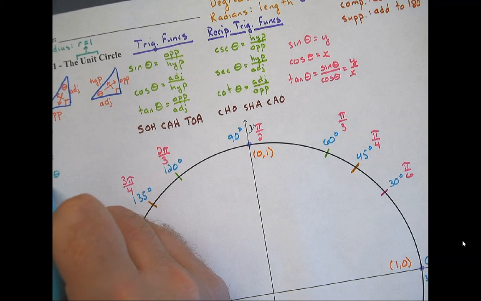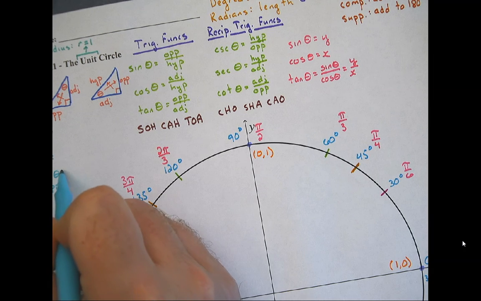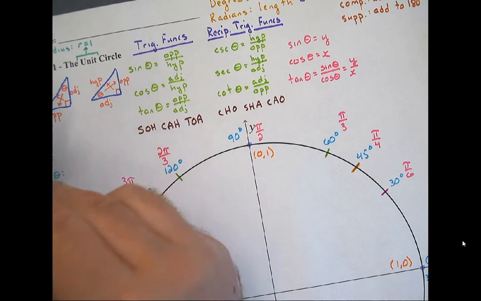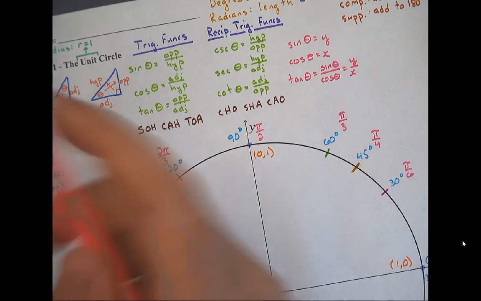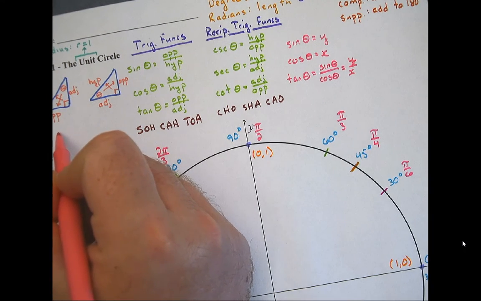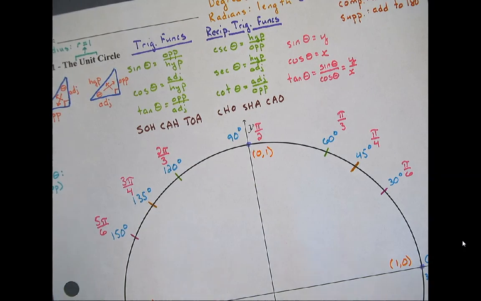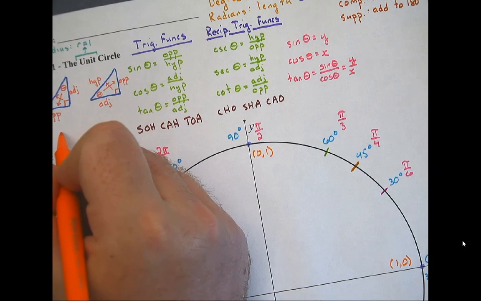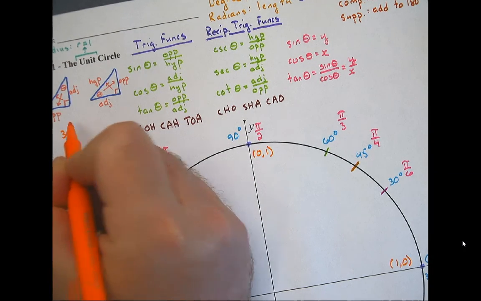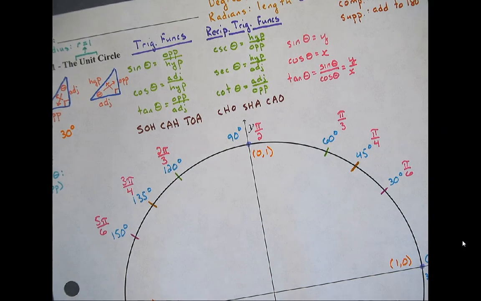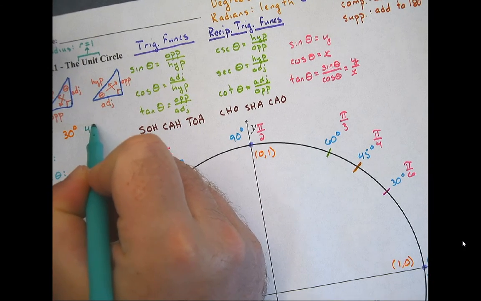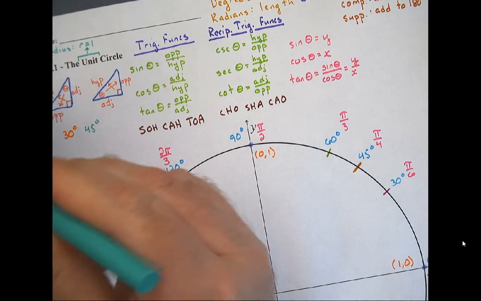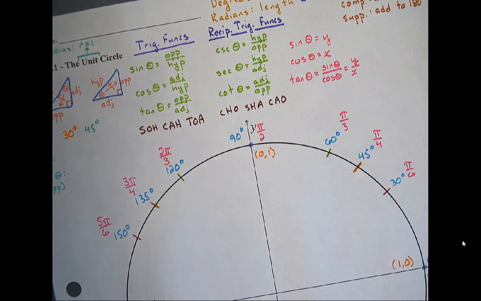In other words, the opposite. There were three big angles that we worried about. We cared about the 30 degree, we care about the 45 degree, and we care about the 60 degree.